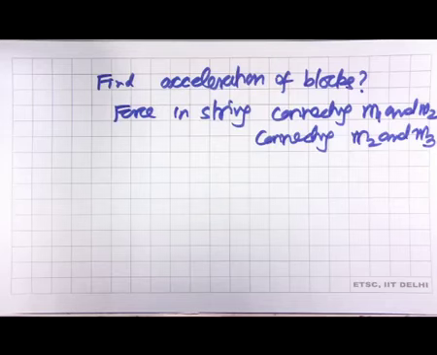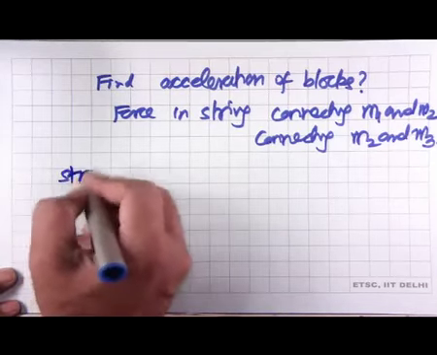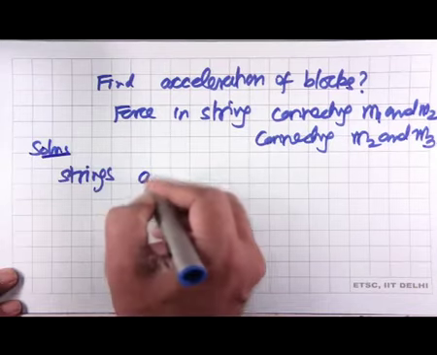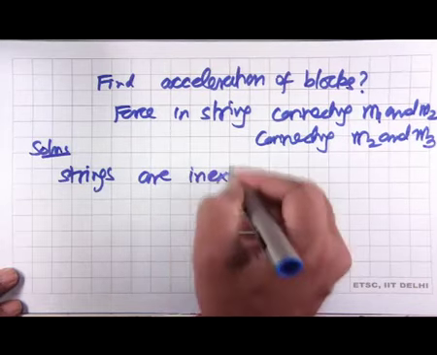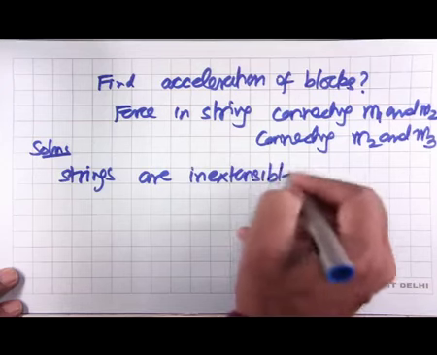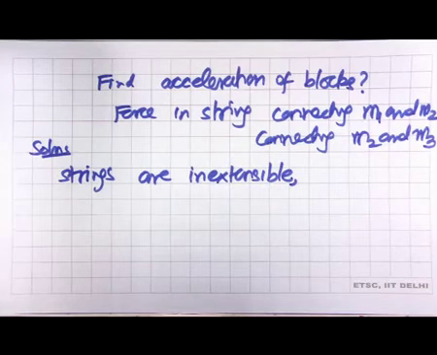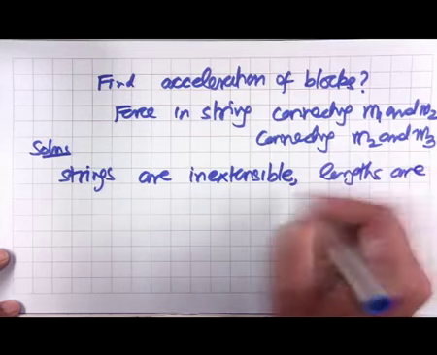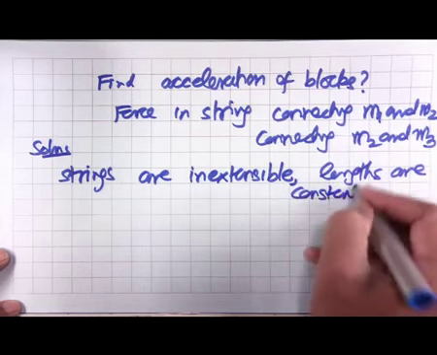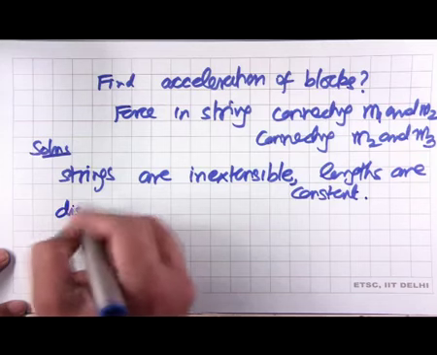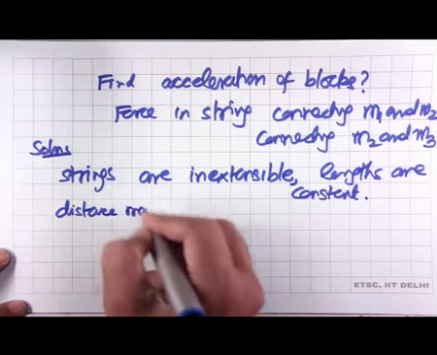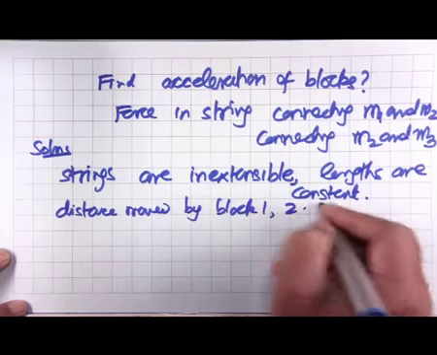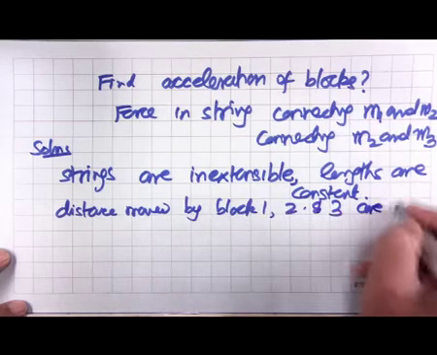Now, if the strings are inextensible, that means the lengths are constant, and if the lengths are constant, then the distances moved by block 1, 2 and 3 are the same.